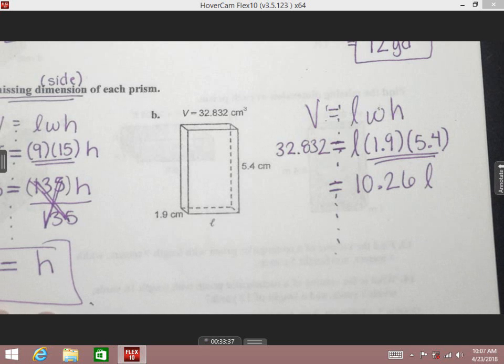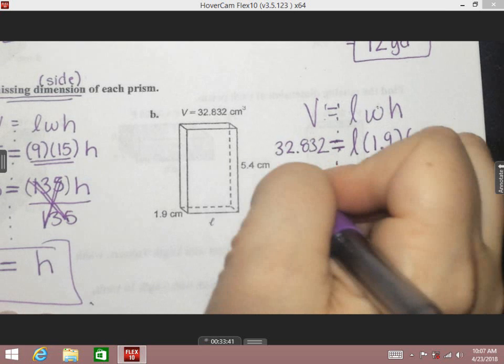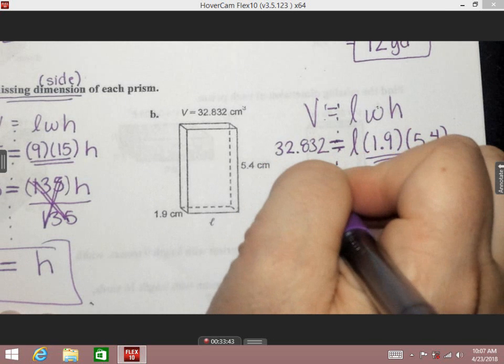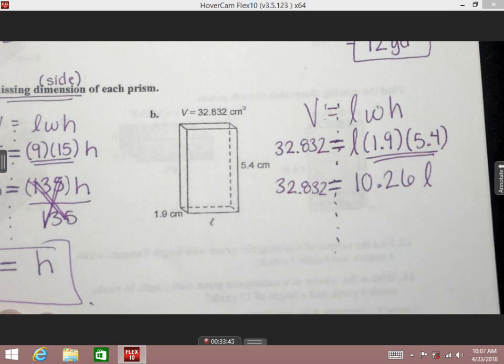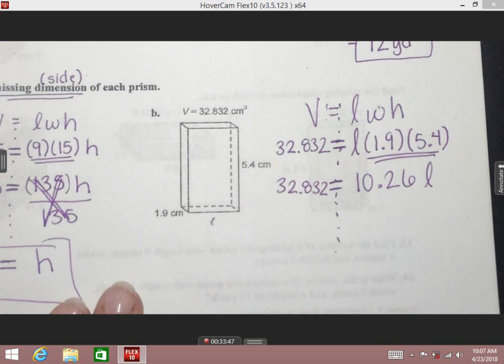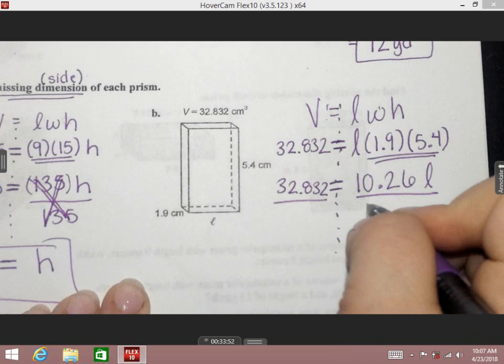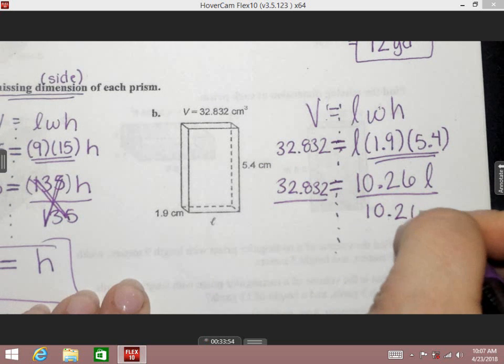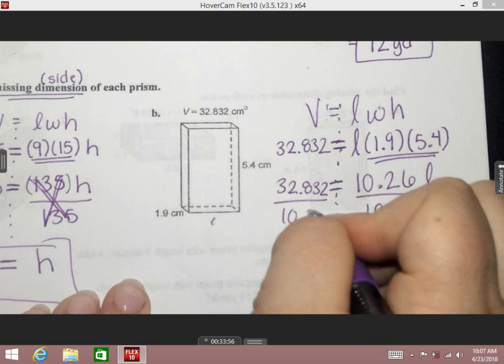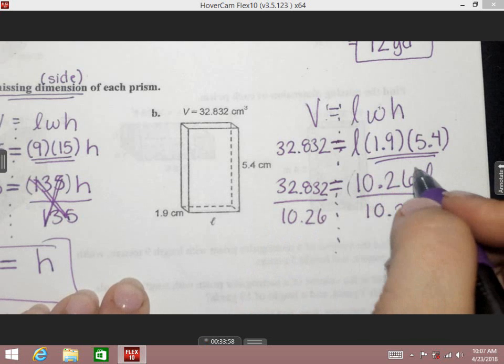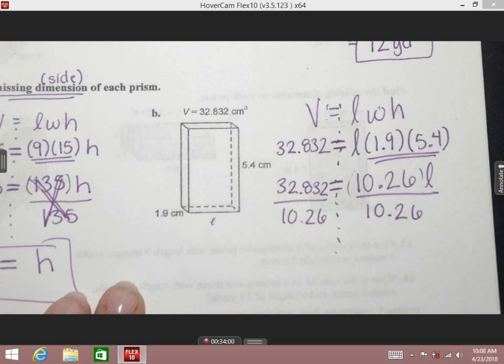What did I almost forget to write down? I almost just completely left it off. The volume. We got to keep that there. All right, what's next? What do we need to do next? What's that, Nick? Divide. What am I dividing by? 10.26, because that's what's next to my letter. Guys, if you want, you can put that 10.26 in parentheses. You don't have to.